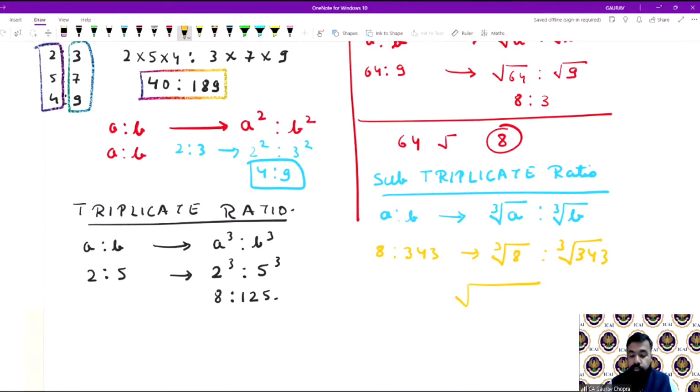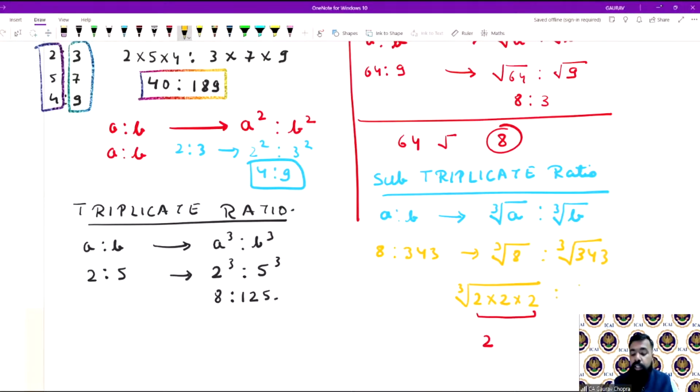If you recall, we can write the factors of 8 as 2 into 2 into 2, and we have to do the cube root. Whenever cube root is there, we have to make a group of 3. As soon as we get a group of 3, that number will come out of the root. So we get the result as 2.